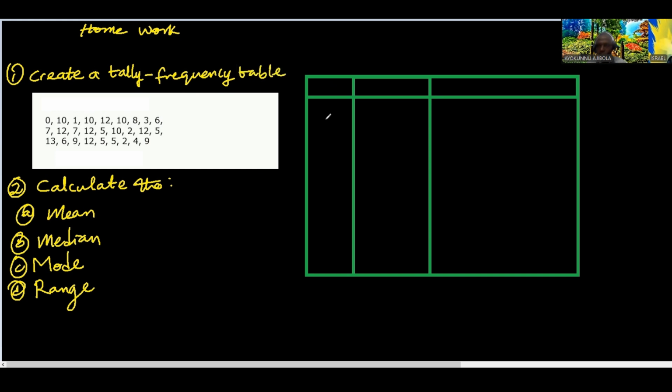this spot. I have 0 as the first, I have 1, 2, 3, 4, 5, 6, 7, 8, 9, 10.